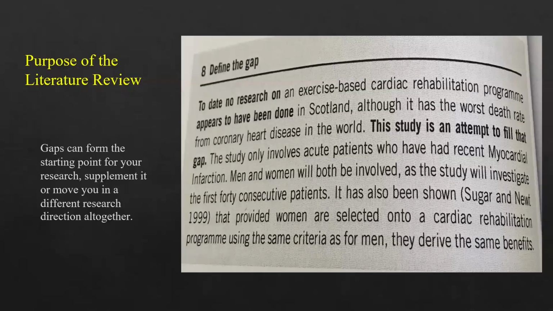We spoke a bit about those gaps, and this slide says a little more on one of the critical purposes of the literature review: defining the gap, or finding the spot in the literature that you can contribute to because not much has been done in that area. So it can form the starting point for your research.